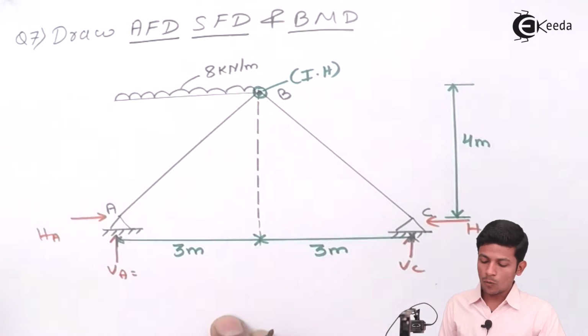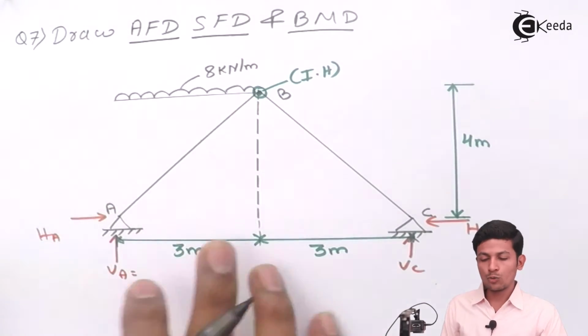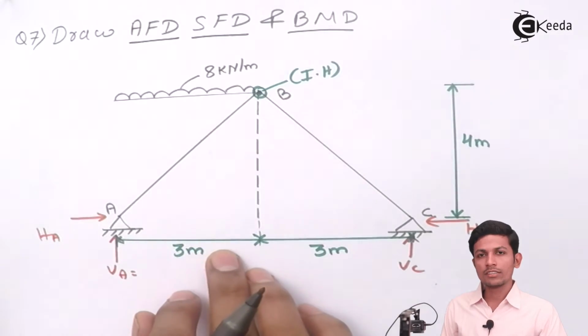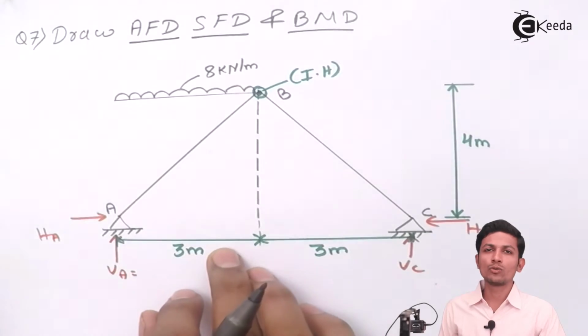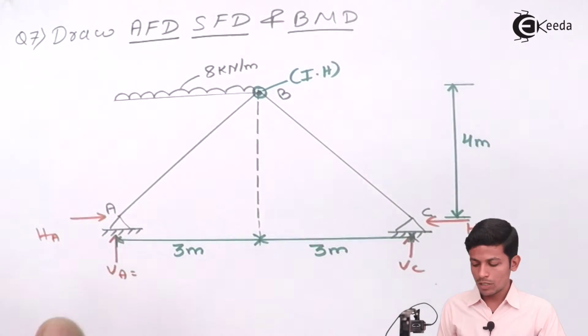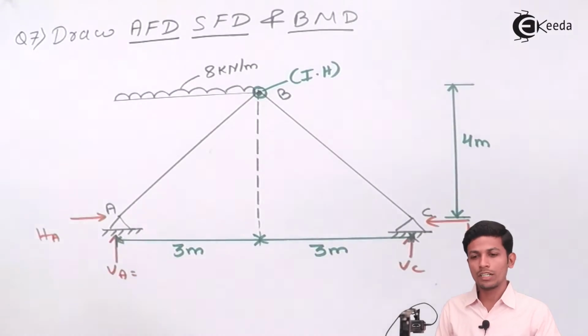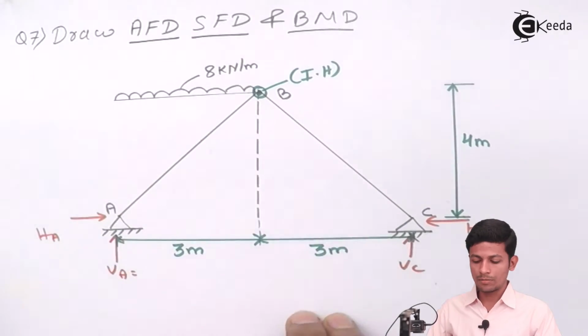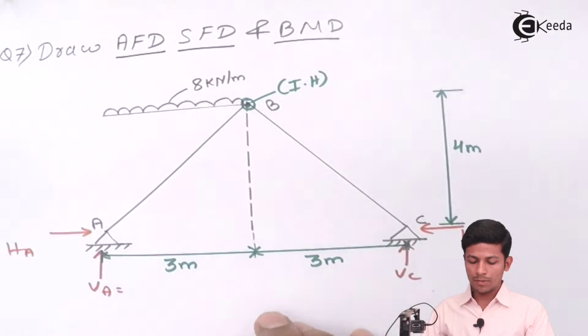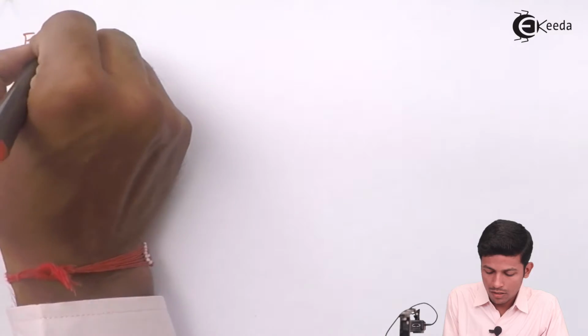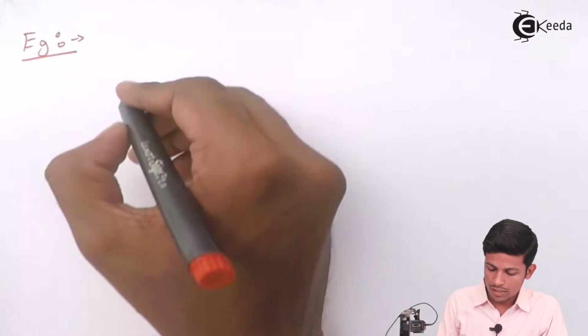Now in this type of problem, there are two cases that come in the exam. Let's see what the two cases are. I'm not solving the sum now; I'm just explaining the two cases which are likely to come in the exam in these types of sums. The first case is like this.